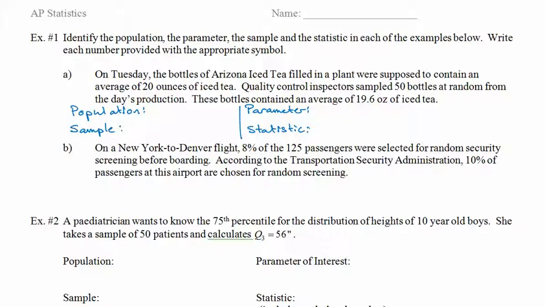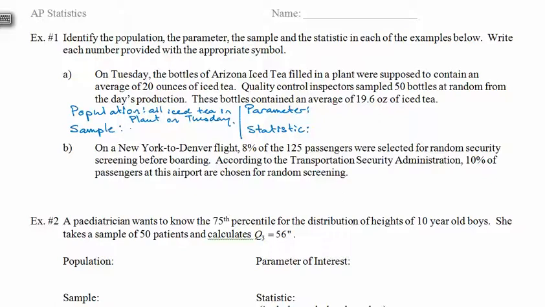So the population is all of the iced tea produced in the plant on Tuesday. So all iced tea in the plant on Tuesday. The sample is what they actually pulled off the line.